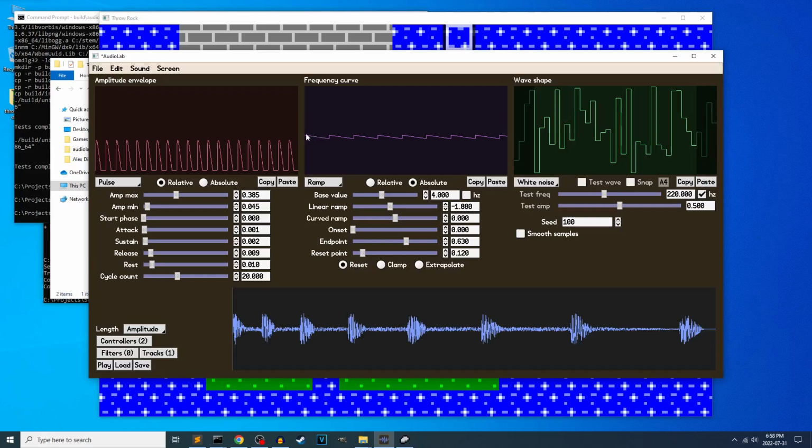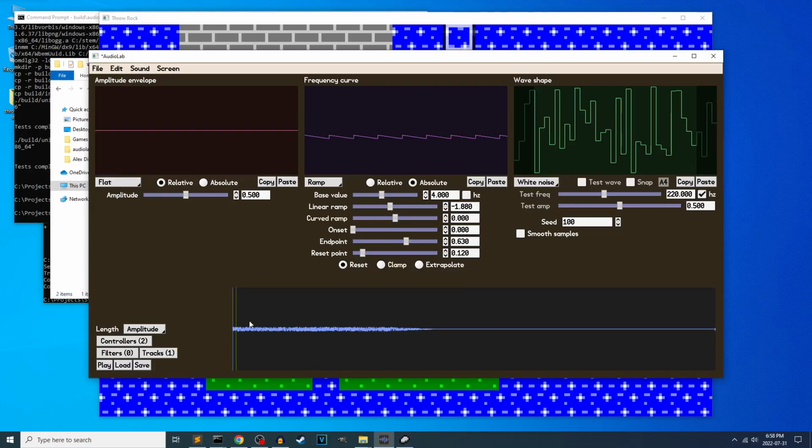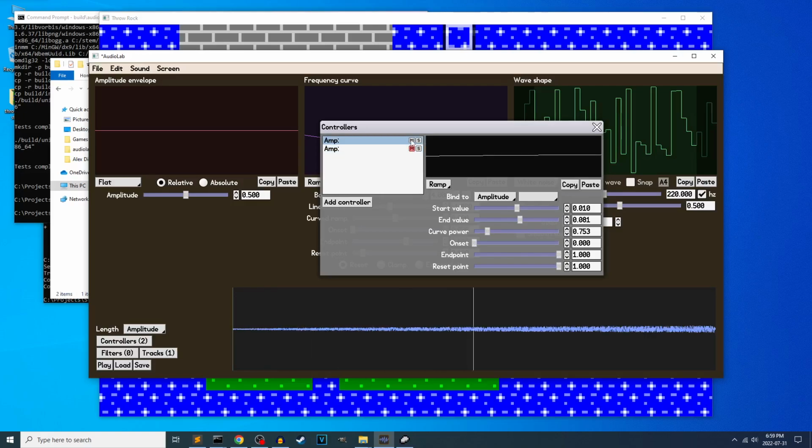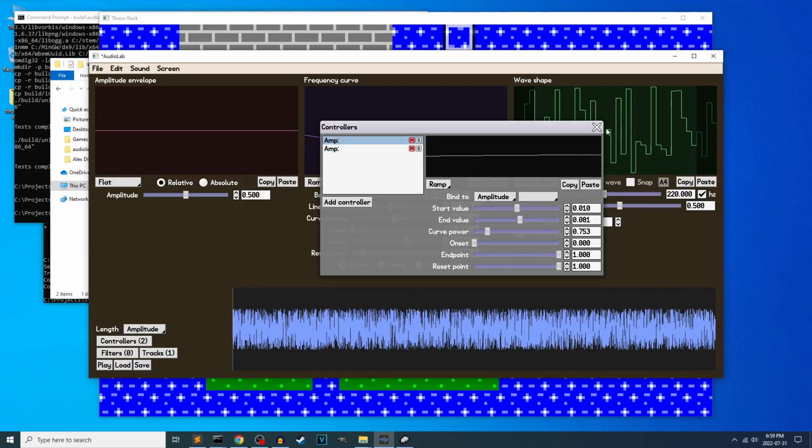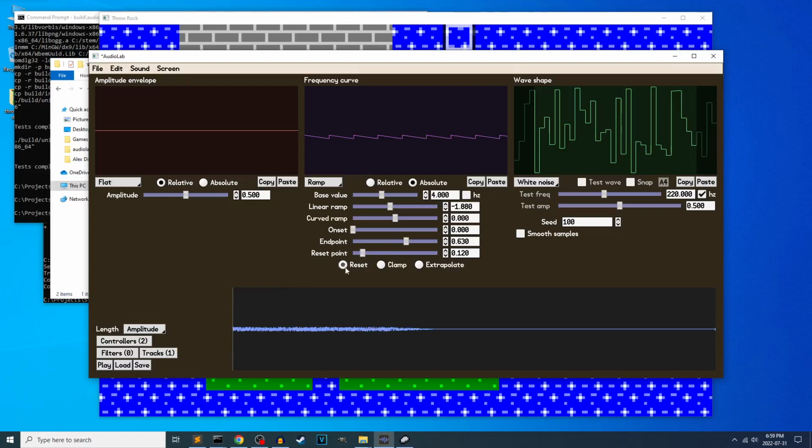And this is a repeating downward ramp on the frequency. That's kind of weird. What does that sound like with flat amplitude? I can barely hear it. Why is that so quiet? Oh, because my controllers are doing things. Okay, well, that's what it sounds like. It's kind of unpleasant.